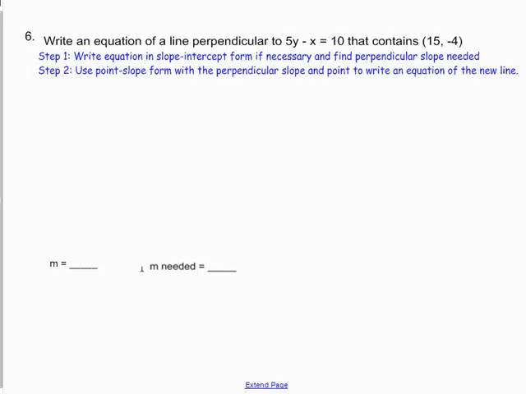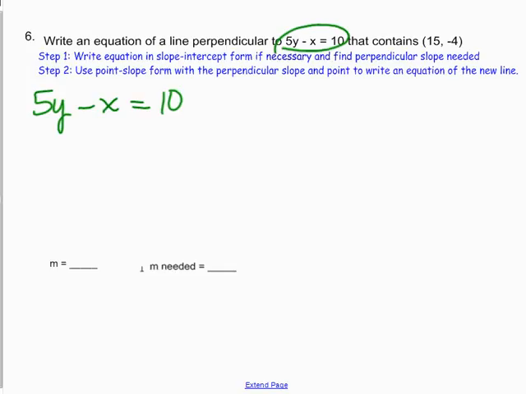All right, last one. Write an equation of a line perpendicular to this that contains point 15, -4. So the first thing we need to do is make sure that we write the line in slope-intercept form. So this needs to be in slope-intercept form. 5y minus x equals 10.